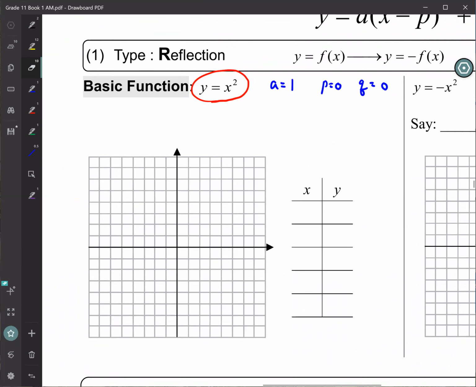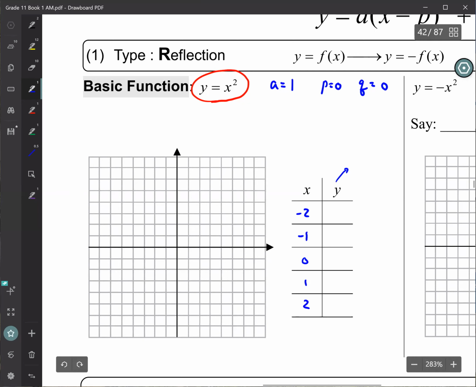So we'll start with the table of values, okay? So for x values, we will just put -2, -1, 0, 1, 2. So that way we have some negative values and some positive values. And then just like when you are drawing the linear, right? You will plug in the x to find the y, okay?